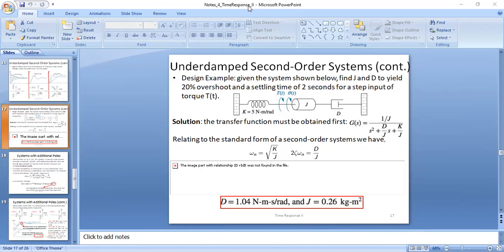Okay, let's go to the whiteboard. K value is given as 5.